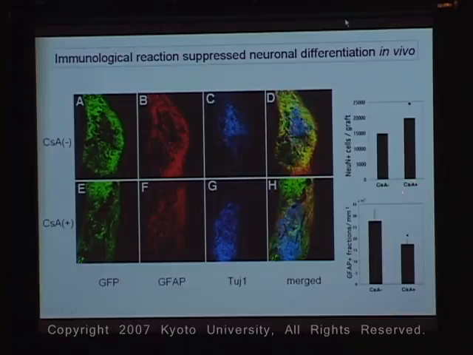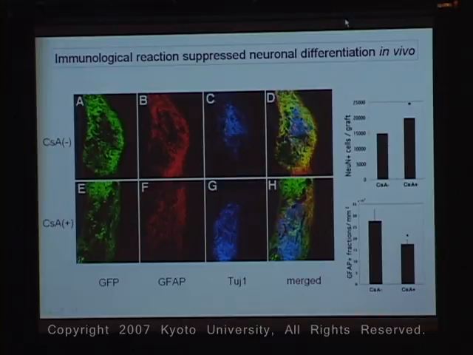If you add cyclosporine, the number of TUJ1 positive neurons increases, but the number of GFAP positive astrocytes decreases. So that suggests that the immunological reaction suppressed neuronal differentiation from the ES cell-derived precursor cells in vivo.